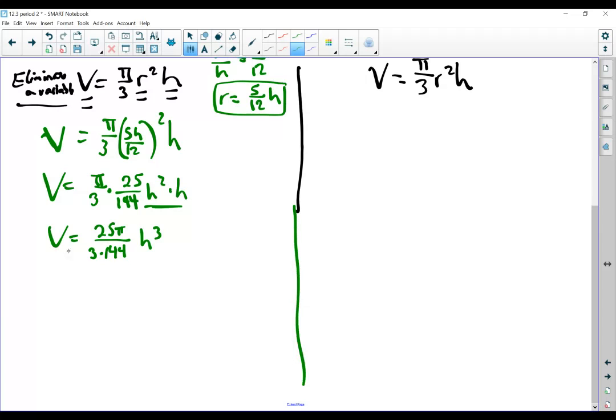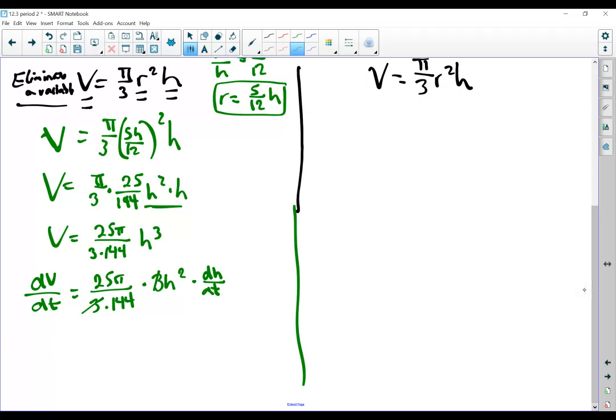And so what I would do from here is take the derivative with respect to time. I'm going to leave this 25 pi. I never multiply this 3 times whatever on the bottom. I'm going to show you why. Because I know when I take the derivative of h cubed, it's 3h squared times dh/dt. Don't forget the chain rule here. H is a function. And I see those 3's are going to cancel.